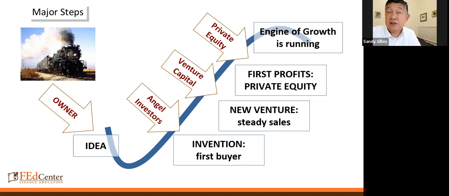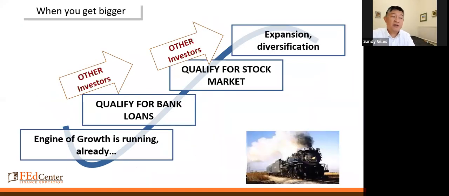And once the company is not just having sales, but also profits, meaning the sales are bigger than the costs, then you already have profits and you can be attracting investment from private equity funds. They invest in companies which are already profitable, already proven, and these companies have potential to go IPO. Okay, and then when the company goes IPO, then they can qualify for bank loans more easily. They can qualify for stock market listing, IPO.